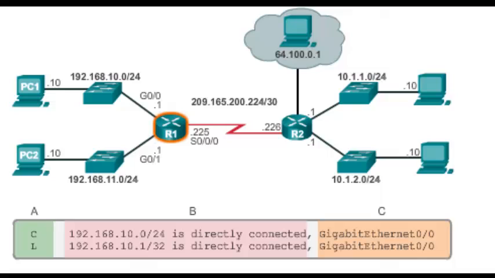It also uses the letter D to identify that the route was learned dynamically from another router using the Enhanced Interior Gateway Routing Protocol, or it uses the letter O to identify that the route was learned dynamically from another router using Open Shortest Path First.